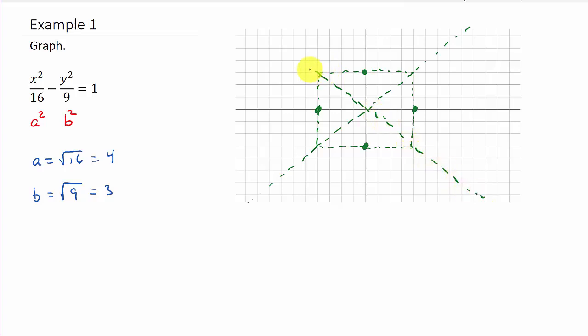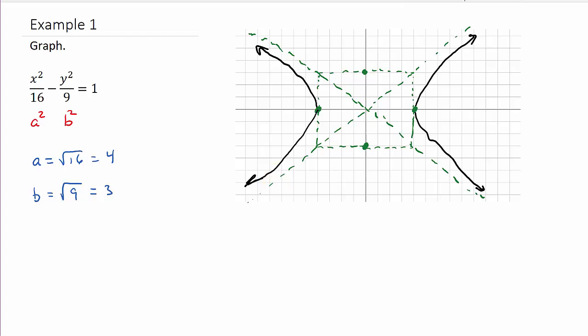Then we know our hyperbola is opening left and right, and so we just sketch it in. We sketch it in as it gets closer and closer to these asymptotes. And there's the graph of your hyperbola.